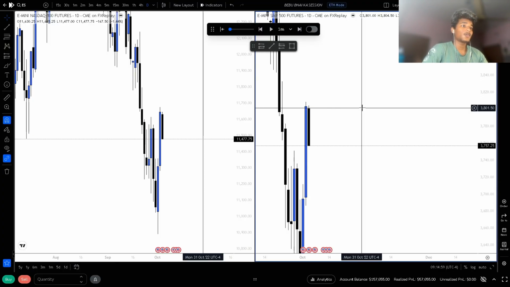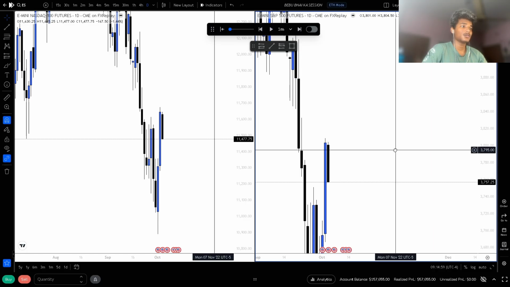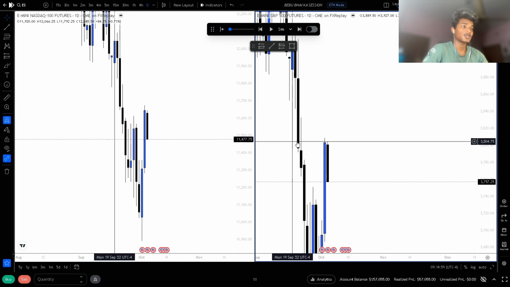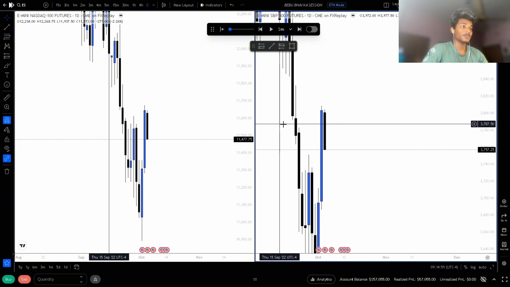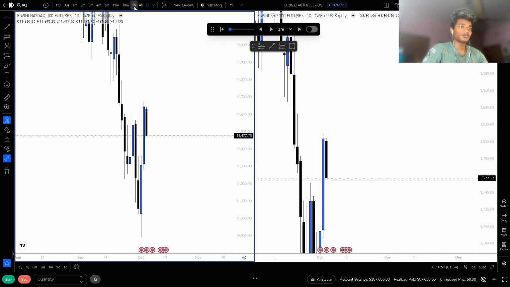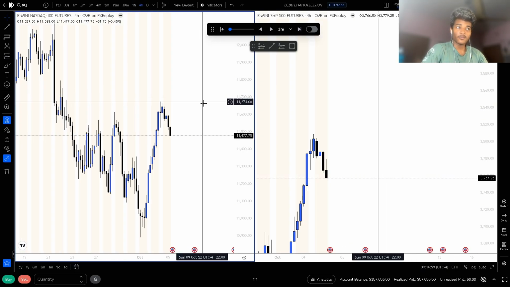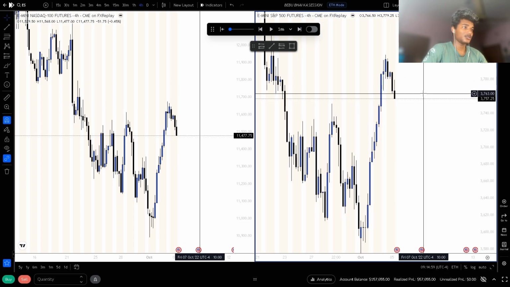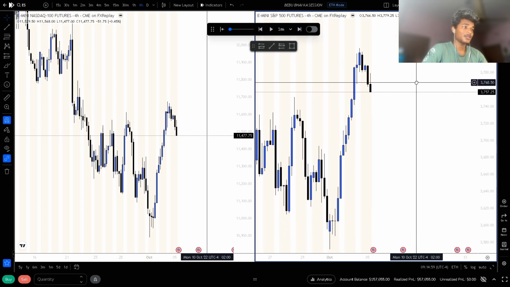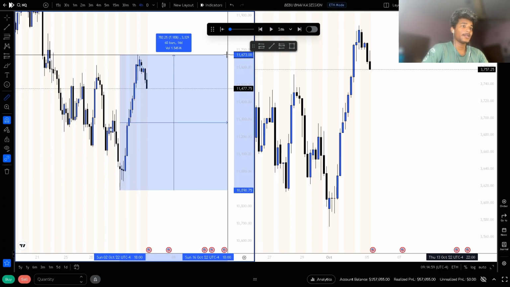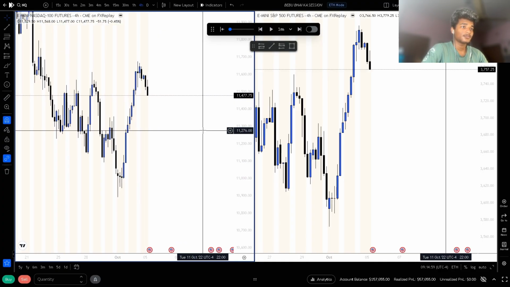So the 4 hour looks pretty much neutral to me because NQ is rejecting off from this gap, but yes, it has inversed this gap and may go higher to tap this gap as well. So the 4 hour looks pretty much bullish, but ideally I wanna see a retrace into the equilibrium.